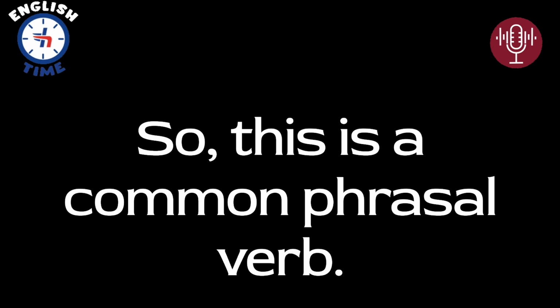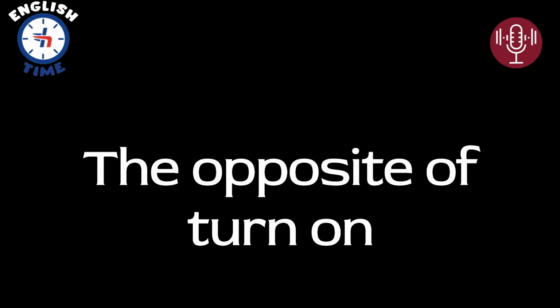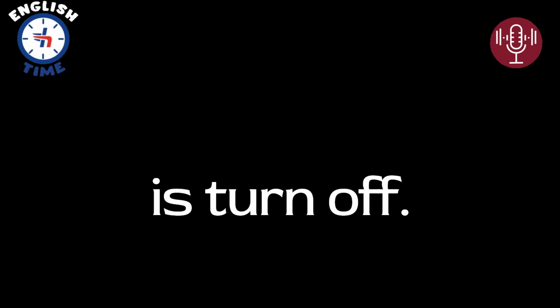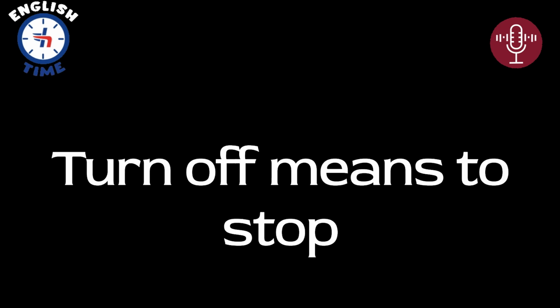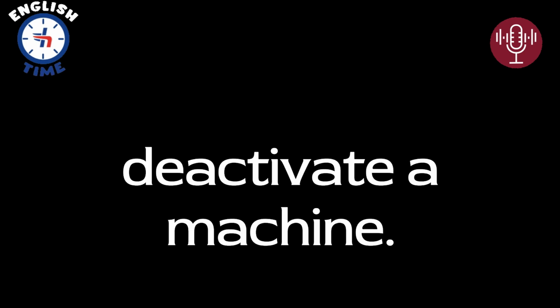So this is a common phrasal verb. Please turn on the light. The opposite of turn on is turn off. Turn off means to stop a machine or to deactivate a machine.